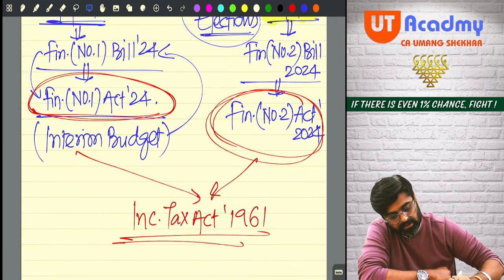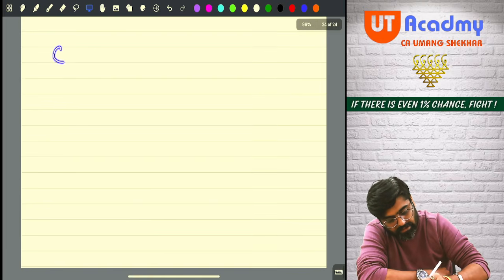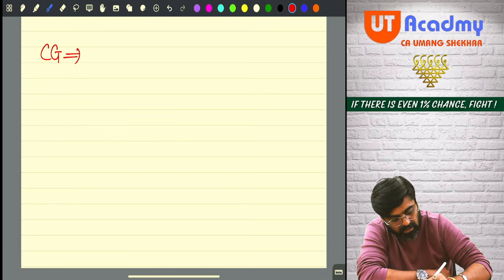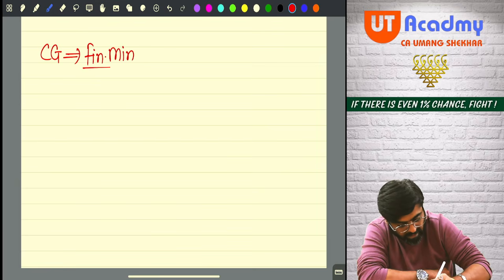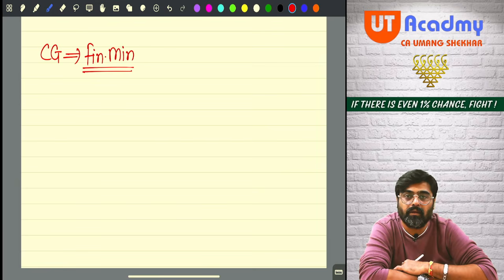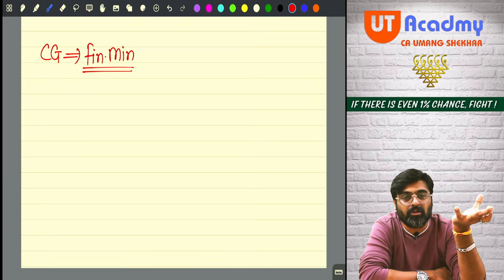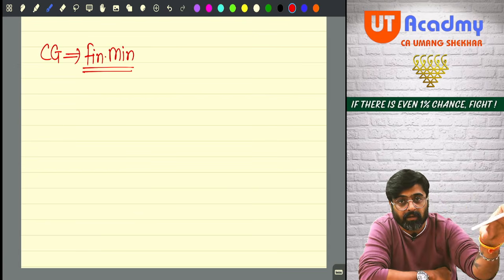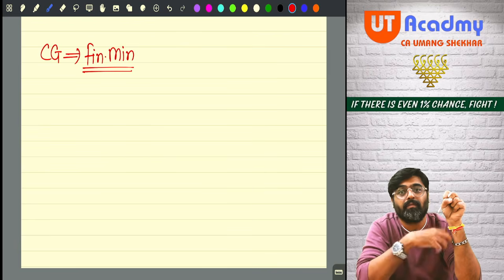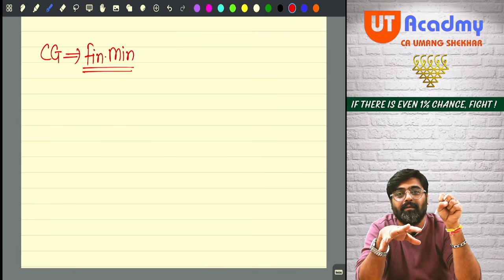Now, please pay attention. See, the central government is there. Under the central government, the finance ministry is there. Now, the finance ministry has the responsibility to earn income and spend on behalf of the central government.